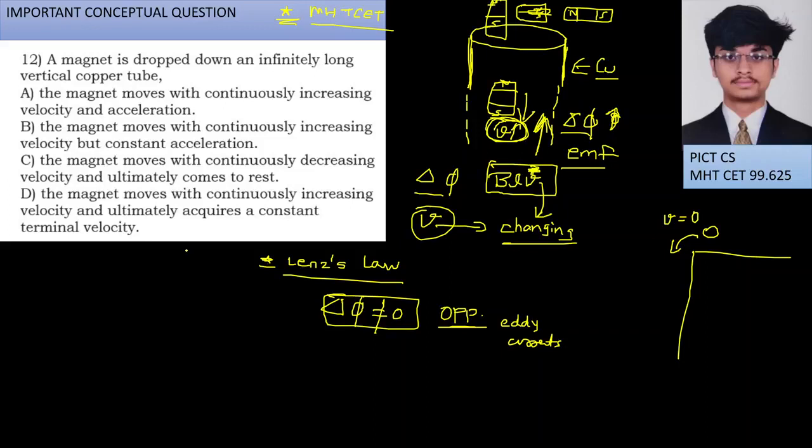Alright, initially, as we have put it down, due to gravity it has some acceleration. So its velocity is increasing as it goes down, and it is facing opposition by Lenz's law. So what will happen at a certain period of time? It will reach its maximum velocity, Vmax. Opposition slowly increases from the initial point.